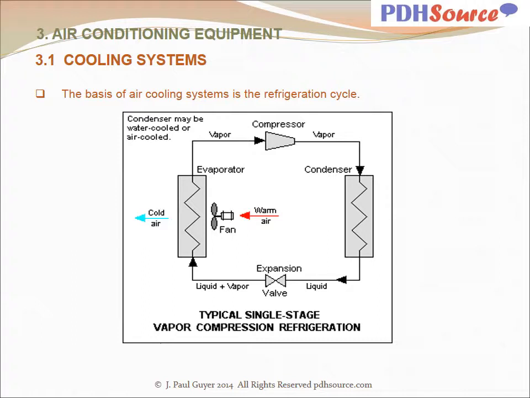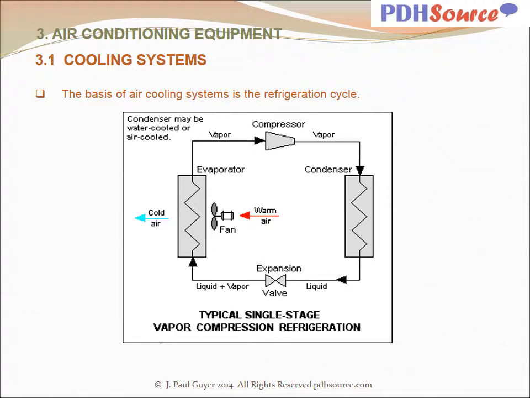Now, the outside air in an air conditioning system is what we would think of as hot, 100 degrees, but that's still cool compared to the temperature of the refrigerant vapor that has come out of the compressor. So the refrigerant ammonia is condensed into a liquid.